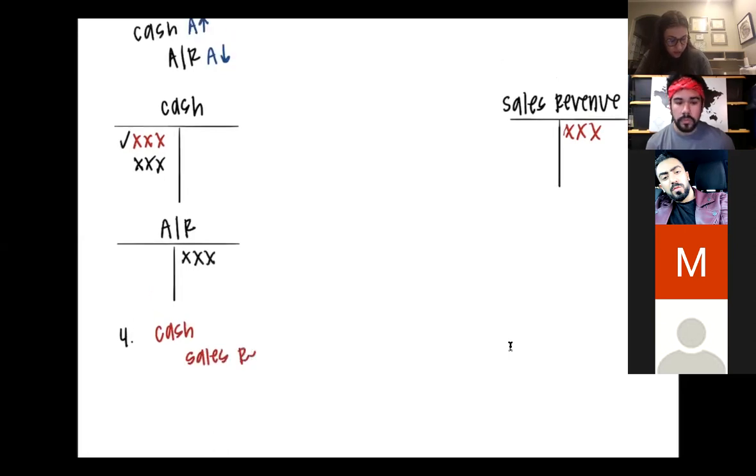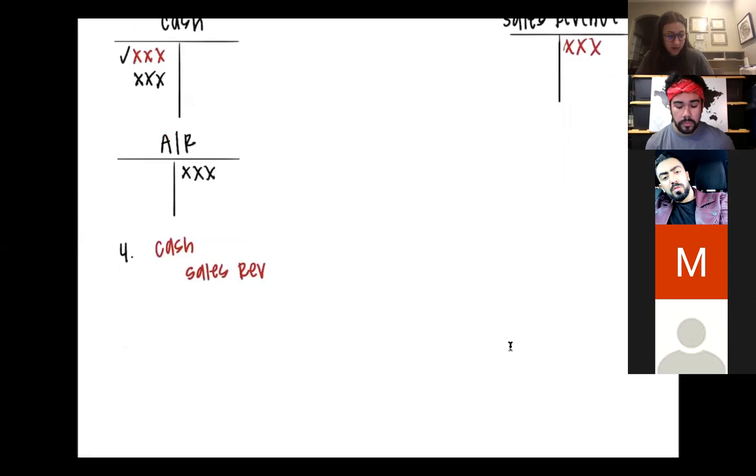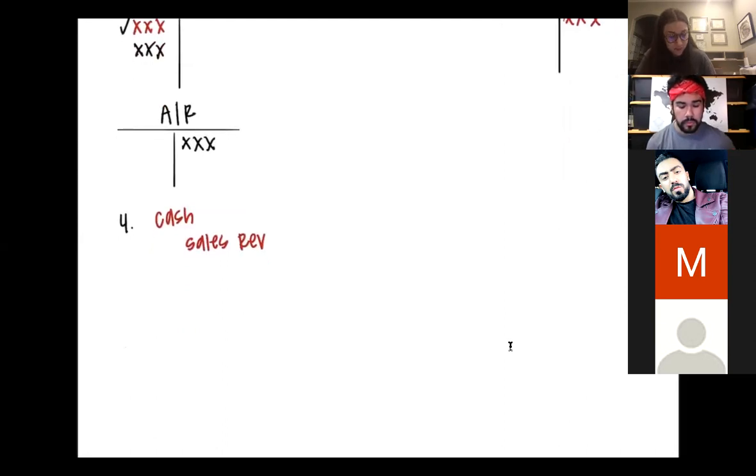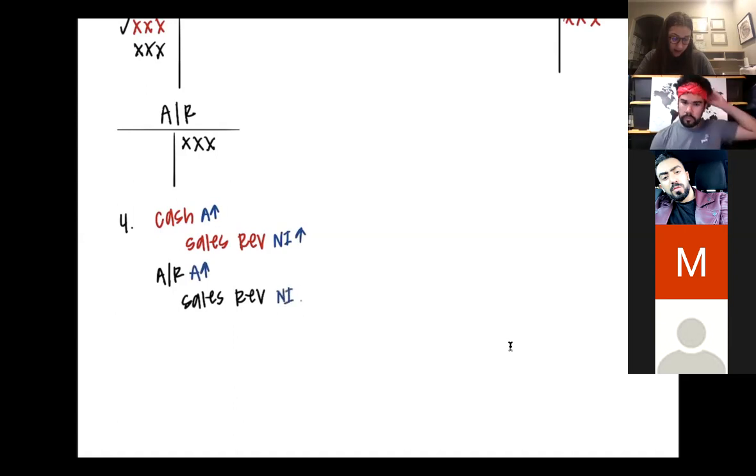Okay, so now what should I be writing that they should have done? They should have debited accounts receivable, and then credited sales revenue. Okay, good. So when we have a problem like this, this is an asset that increases, and this is net income that increases, and this is also an asset that increases, and this is net income that increases.